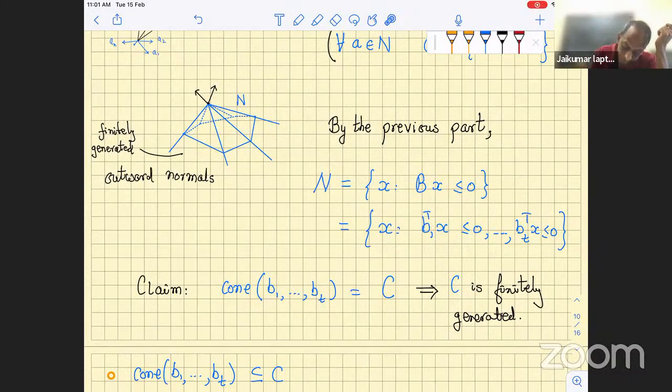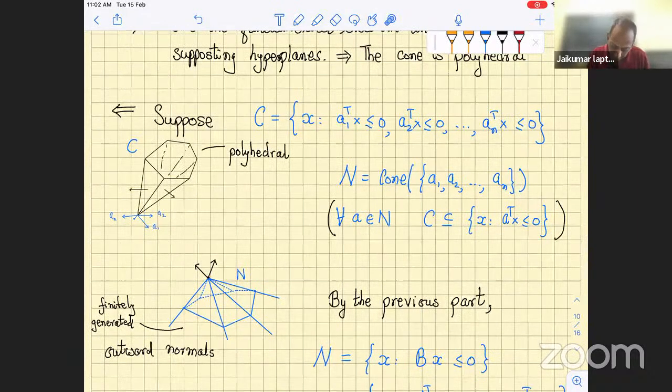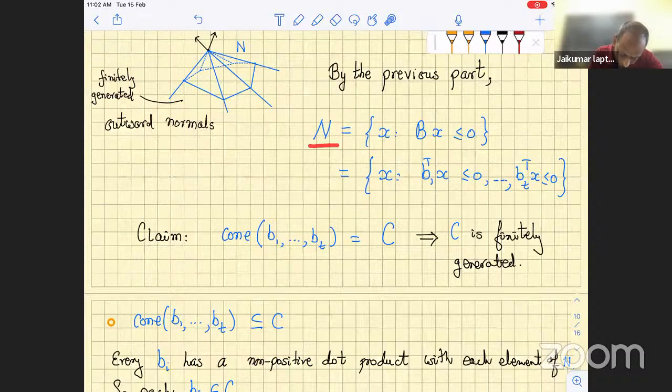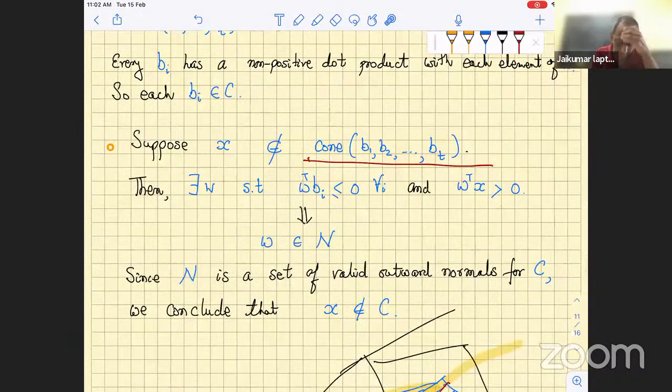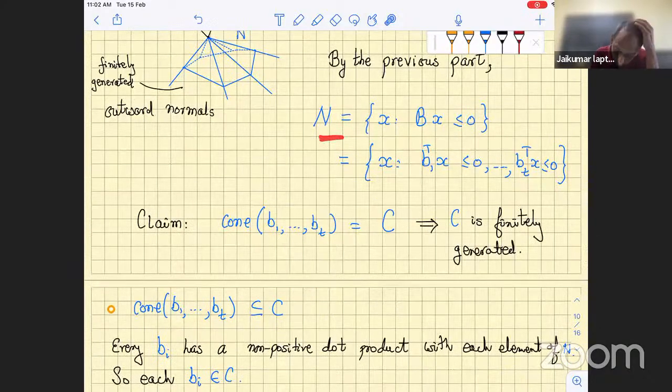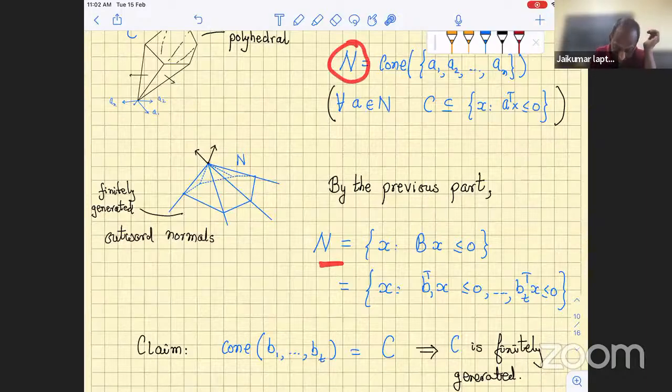That means this particular point X, the pretender, has a positive dot product with an element of N. Once again, let me start. W happens to be a vector which has non-positive dot product with each BI. So W is in this N.